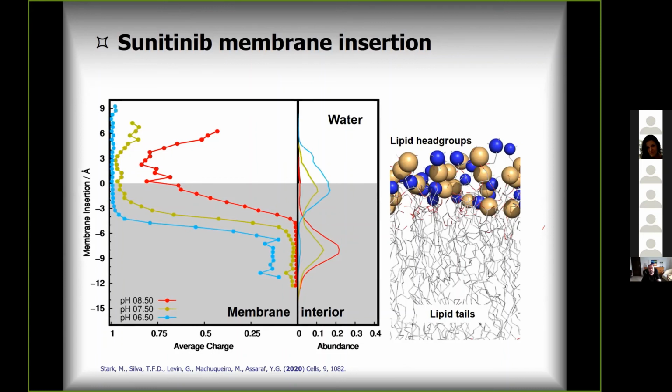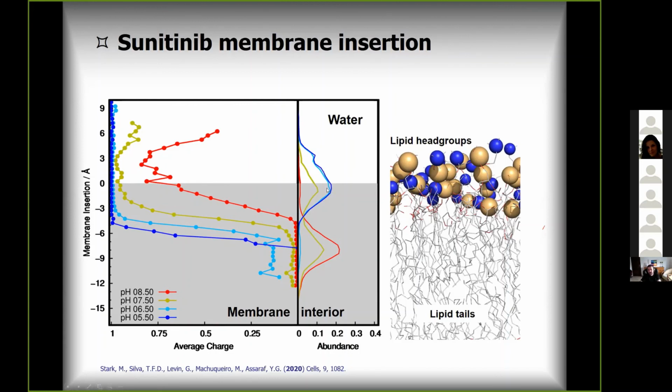And of course, this will happen at 6.5, where you are increasing acidity. And at some point, like at 5.5, it will be very difficult for the compound to deprotonate, and we lose sampling right away. Of course, the compound will go inside, but it will stay neutral, and the sampling will be very difficult.